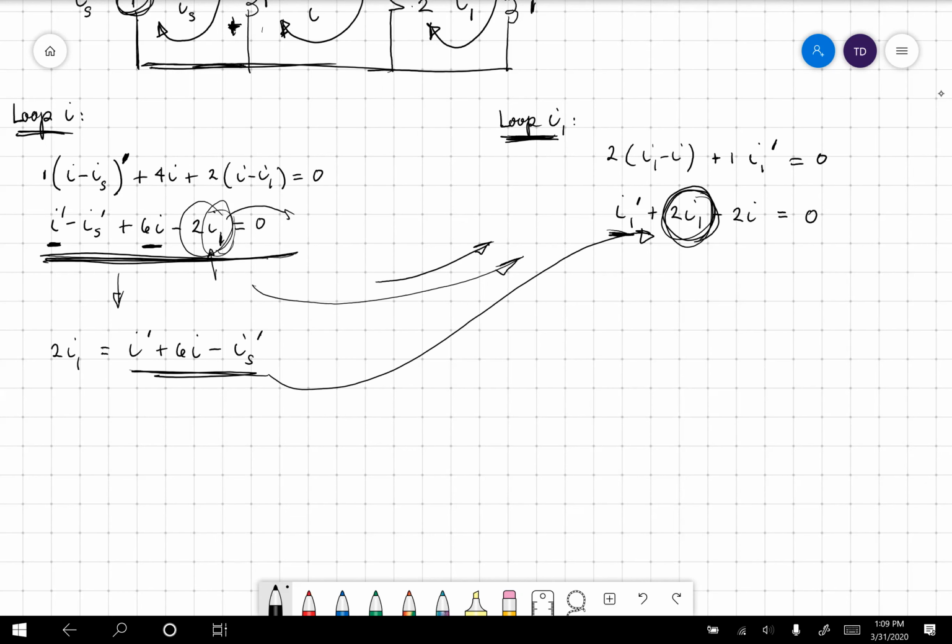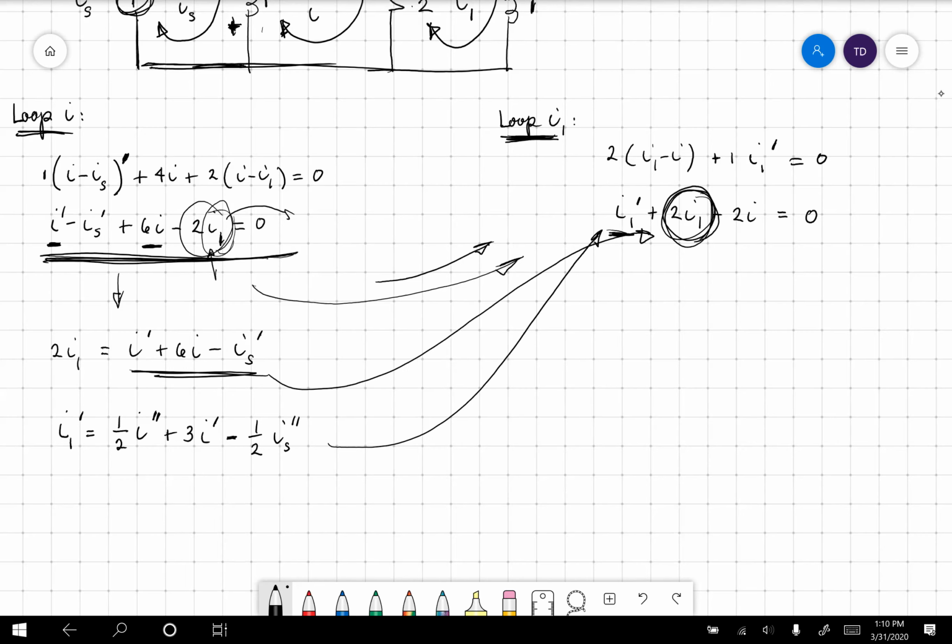So the first thing I have to do is divide by 2 to get I1 and then take a derivative. So I1 prime equals 1/2 I double prime plus 3I prime minus 1/2 IS double prime. So I'm taking a derivative of every term and I'm dividing every term by 2. And that I'm going to substitute in right there.